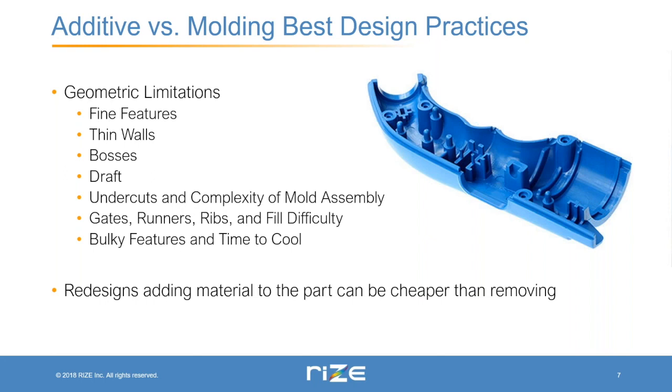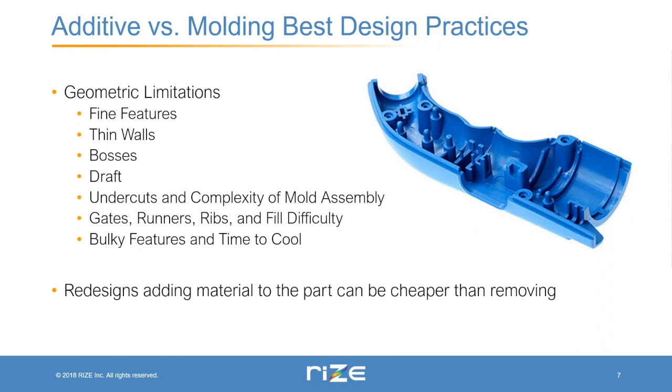With additive manufacturing, it's of course better to just remove the gates and runners, which are the connections between different parts in a mold. But with regard to ribs, the main thing you'll have to be concerned with is just making sure that they're wide enough to be produced by the additive technology that you're using.